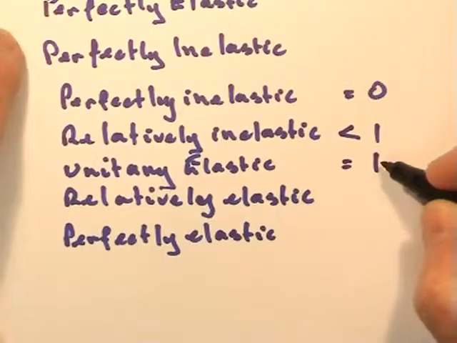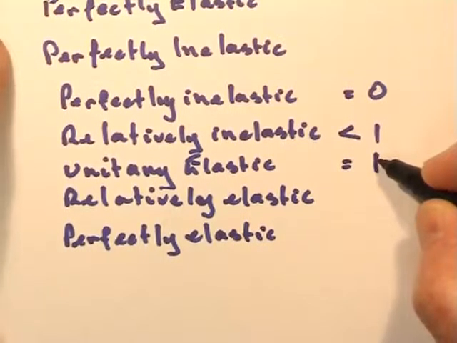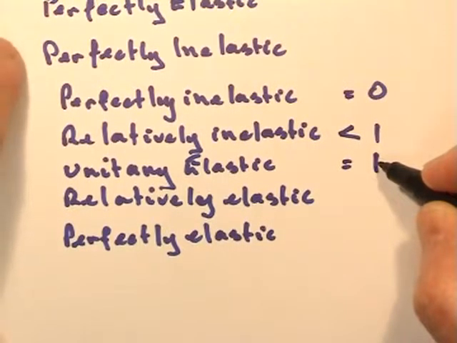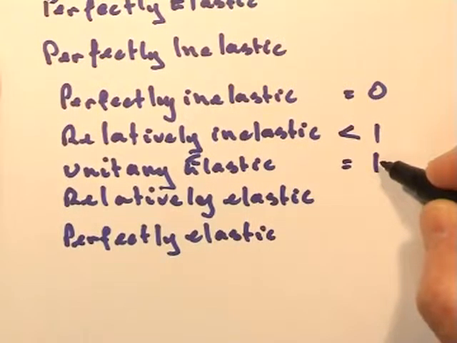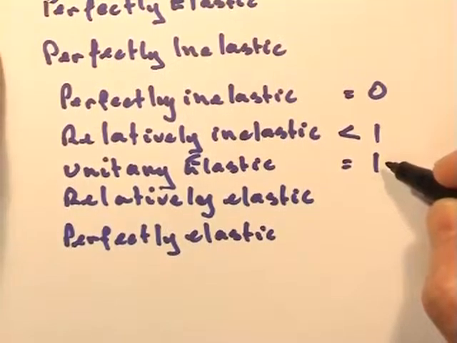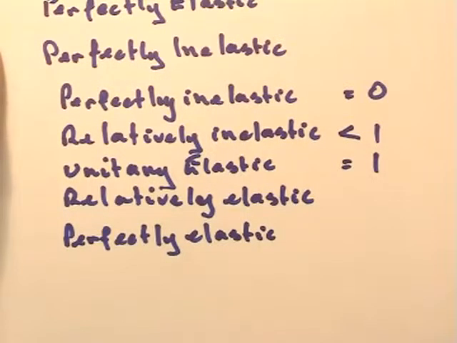At that point, the difference is that if there's a price rise of 10%, then we would expect the quantity of the good to move in exactly the same proportion. So price rise of 10%, we'll see a quantity movement of 10%, and this can be either plus or minus depending on what's occurred.